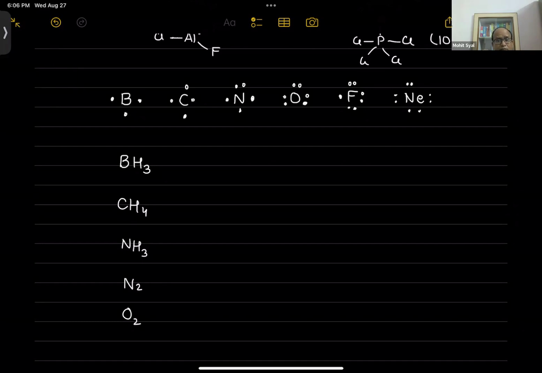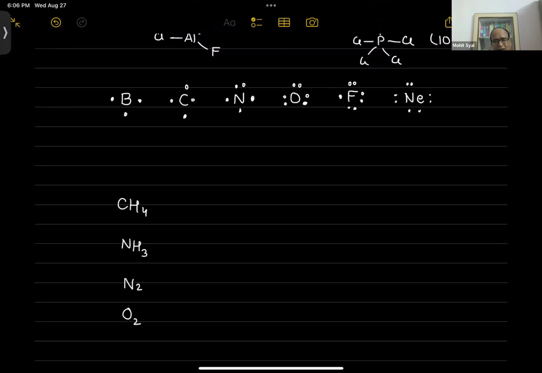Got it? Let's write the Lewis dot structures. BH3 I can eliminate because it is not following the octet rule. We have shown the structure of BH3 in the hypovalent species.